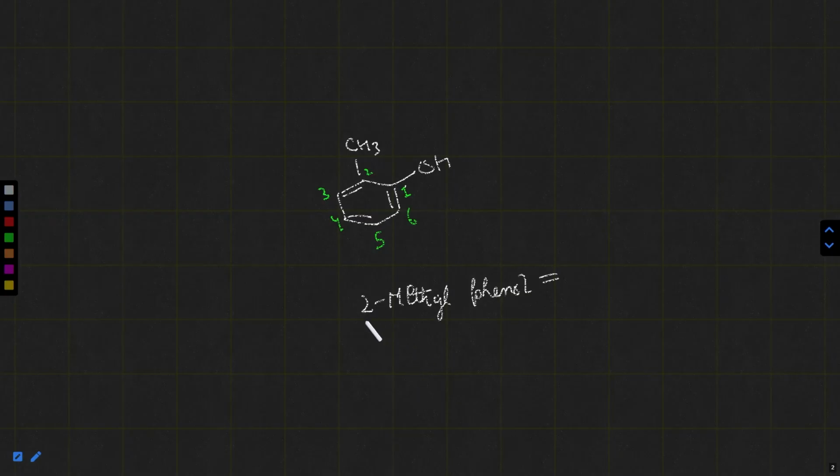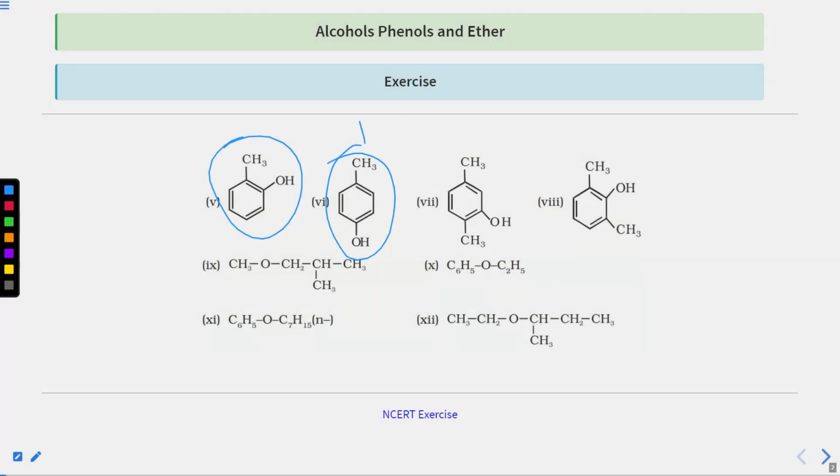Or we can also write this as ortho-methylphenol. Next, similar to that, we can name it as para-methylphenol. What about this? This is ortho-para dimethylphenol.